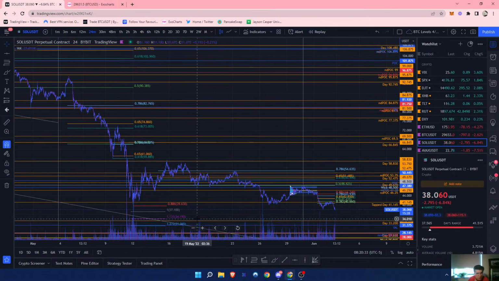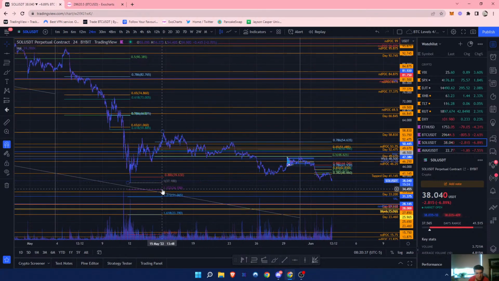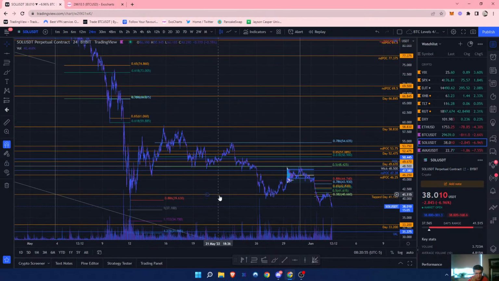Zooming out a little bit more on Solana, our 1.33 is around $34. But really, we're getting very nice confluence with the 1.272 fib expansion at around $31. So that could be a case.